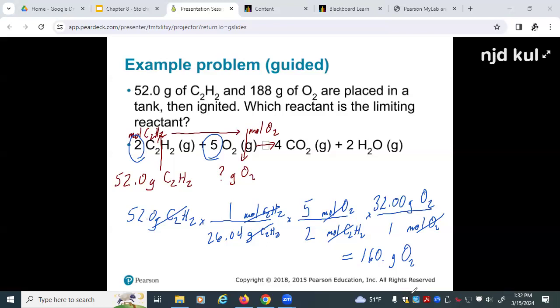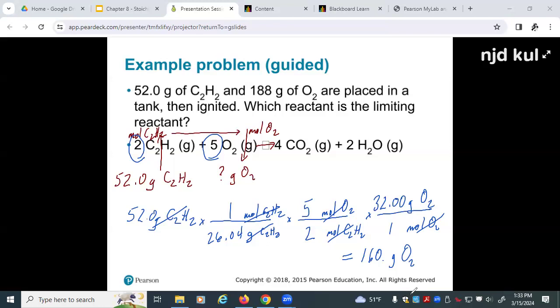Now, the tricky part here is in the interpretation. I just converted the 52 grams of acetylene into 160 grams of oxygen. What that tells me is this is the amount of oxygen that I need to run the reaction. The question is, do I have 160 grams of oxygen? I have that and then some.